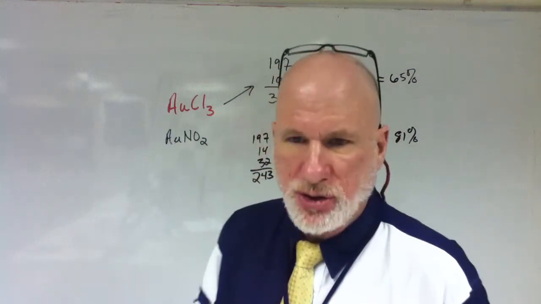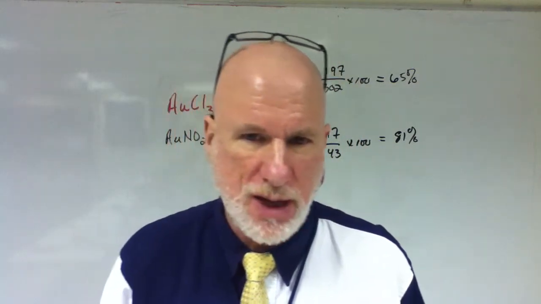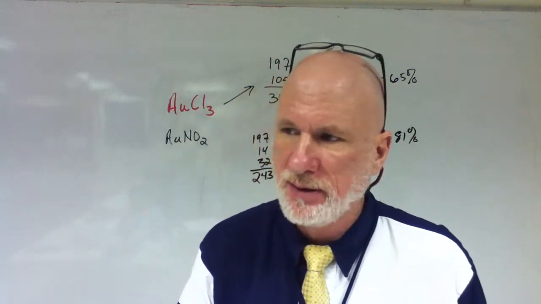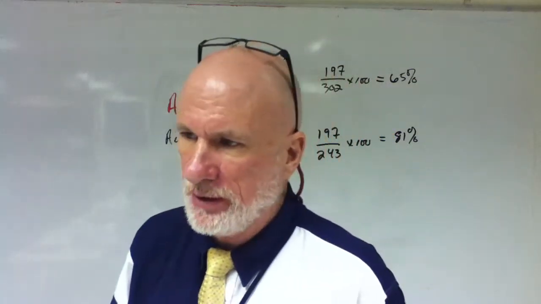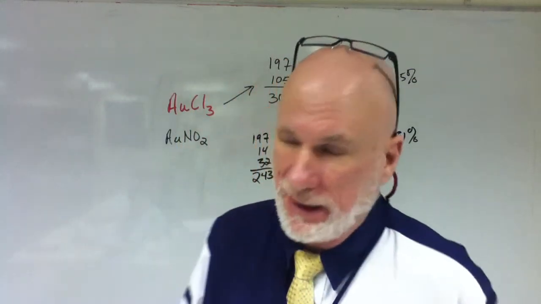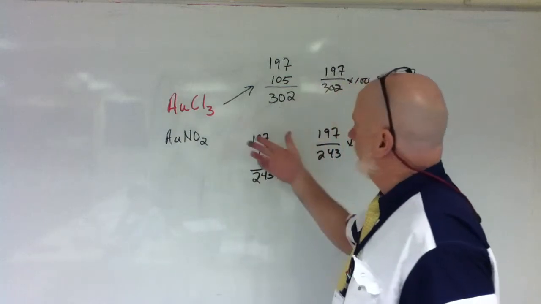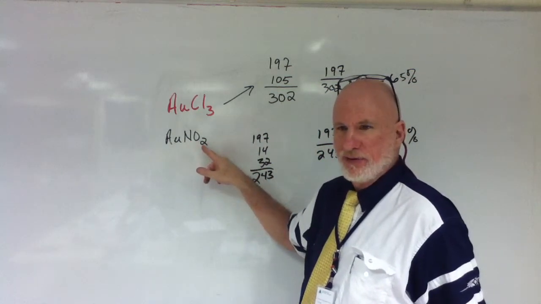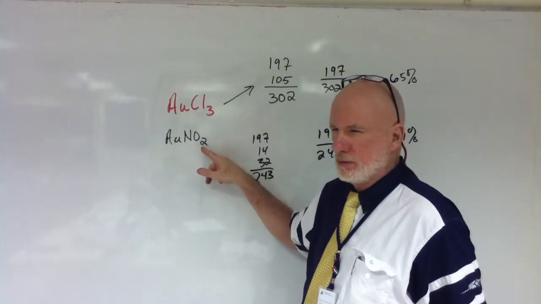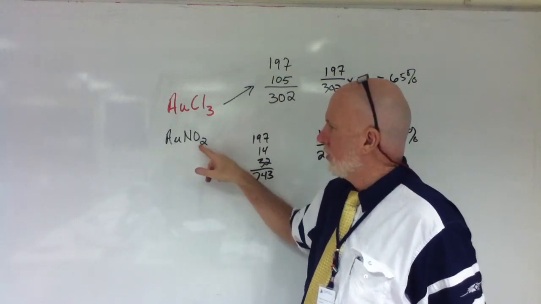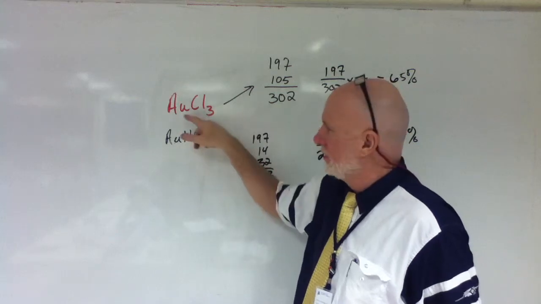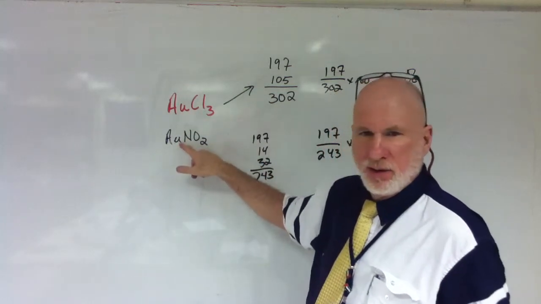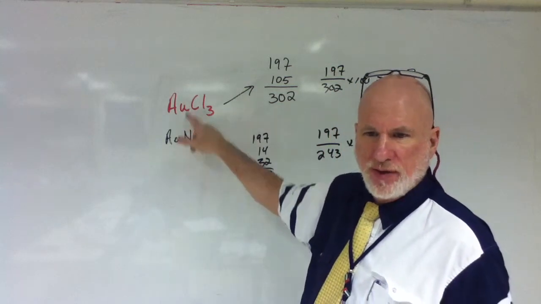So that's something you're going to have to do. You're going to have to compare two compounds, two substances, and you can either do it intuitively, like Jen did, and say, well, hey, this is only 14 plus 32, that's only 44, and that's like over 100, so this would have a lot greater percentage of gold than this, correct?